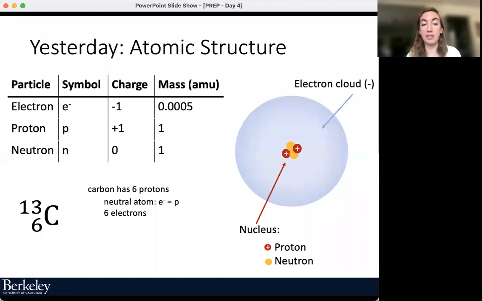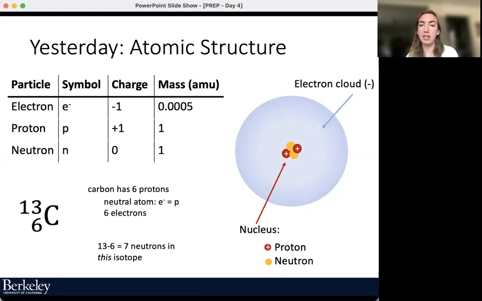So it's going to have 6 electrons for a neutral atom. However, this is an isotope that's called carbon 13 that has a mass number of 13. So this isotope would have 7 neutrons. So there was some confusion about the difference between a given isotope versus the average of all of the isotopes in the world. So I hope that makes a little sense.